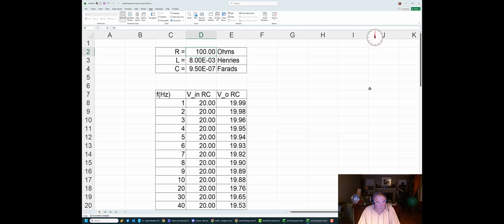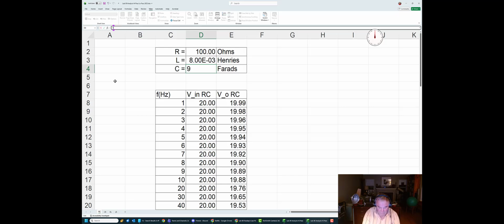It might be 10, it might be 100. This, I don't recall, this is 8 millihenries, so that's 0.008, or to do exponents, 8e minus 3, and then most people had about 950 nanofarads, so 950e minus 9, and that's 0.9 microfarads.